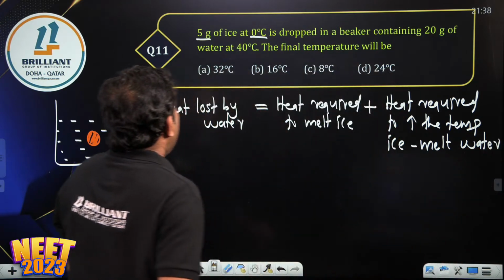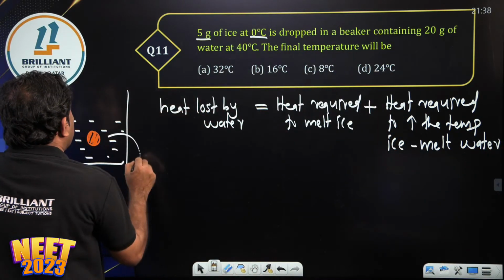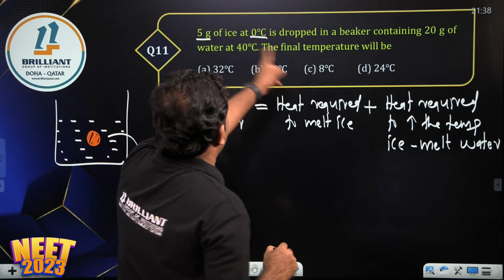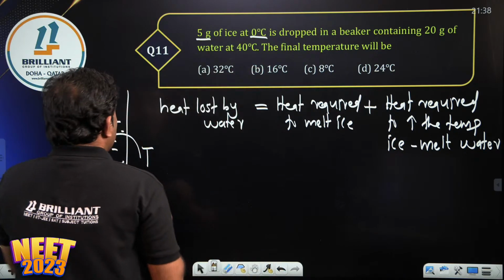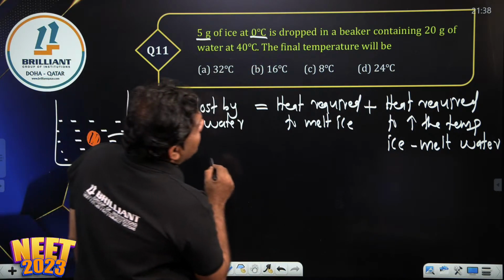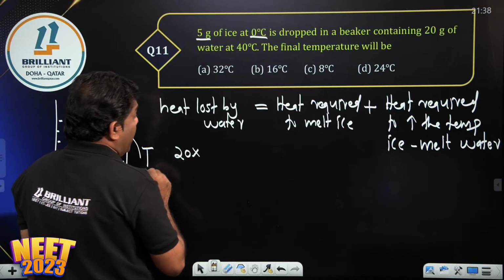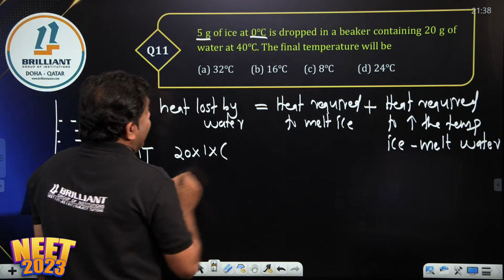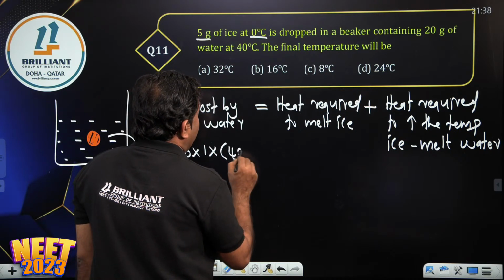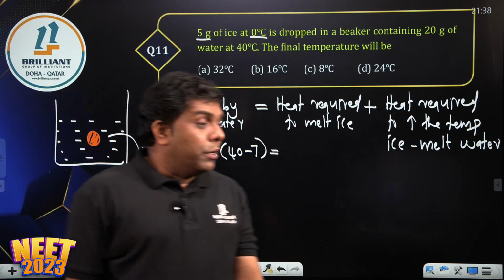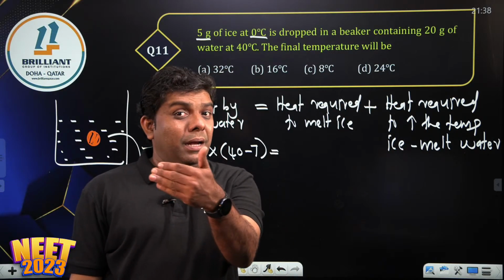So suppose I'm assuming the resultant temperature of the mixture is now T. So water temperature loss from 40 to T. So we can say here mass is equal to 20 gram. I'm again taking the calorie idea only. So C value 1 and it is 40 minus T. Heat required to melt ice, we can say MLF idea.